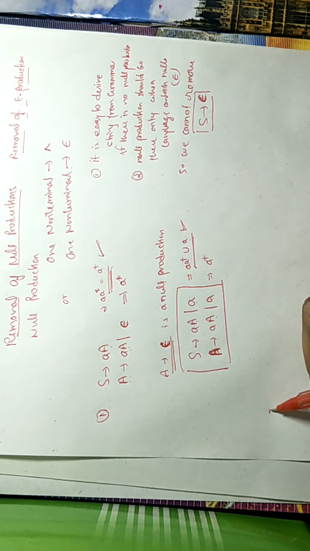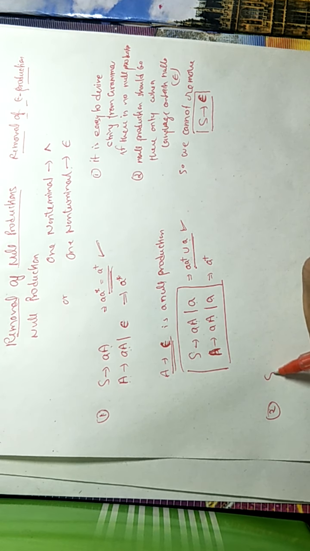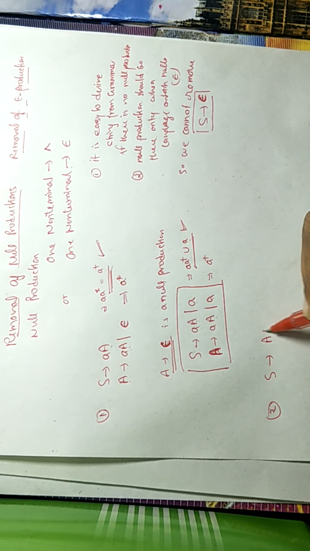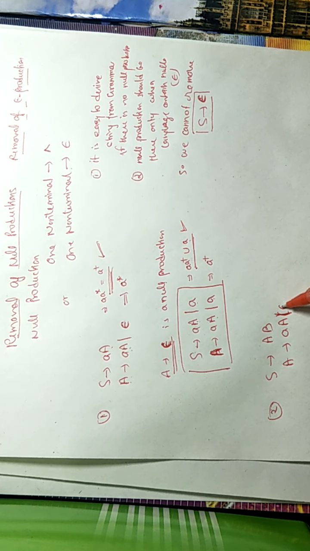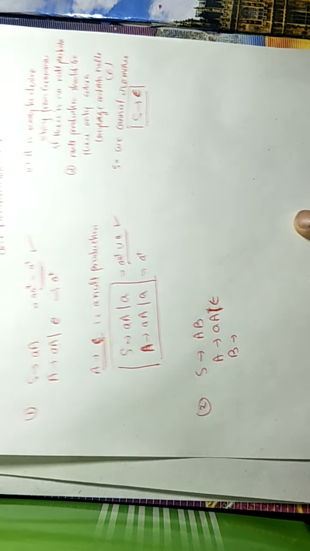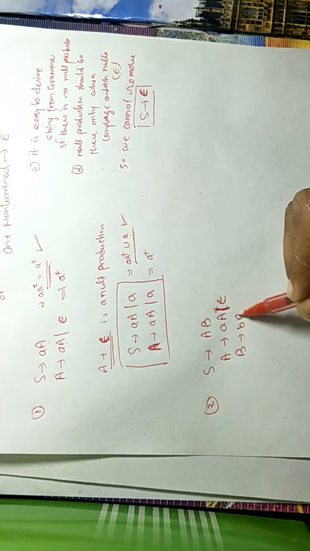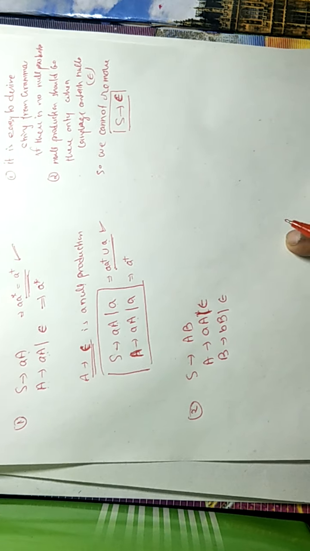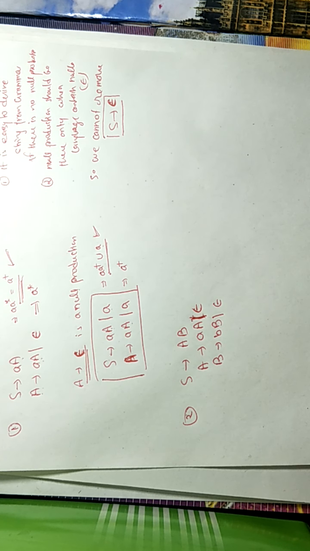Now look at another example. S tends to AB, A tends to a or epsilon, and B tends to bB or epsilon. So here we have two null productions, A tends to epsilon and B tends to epsilon.